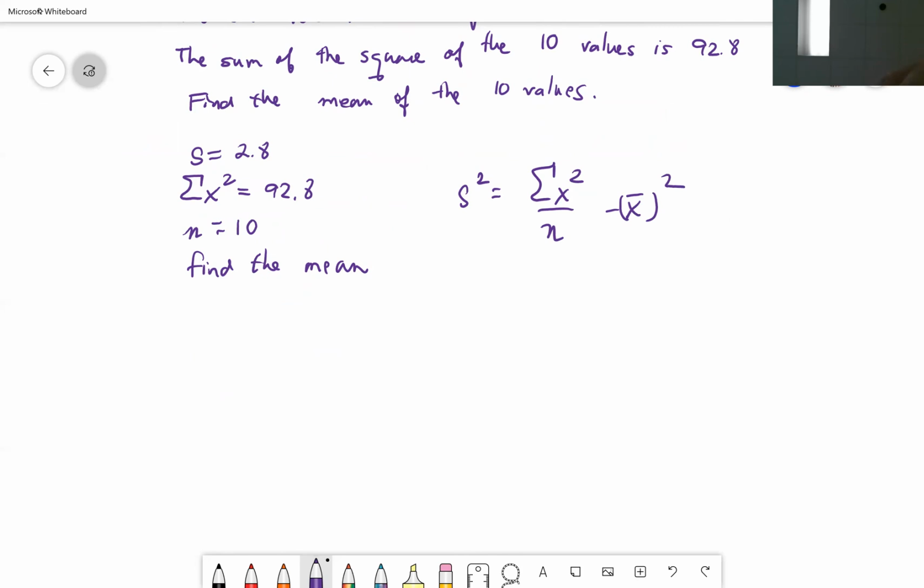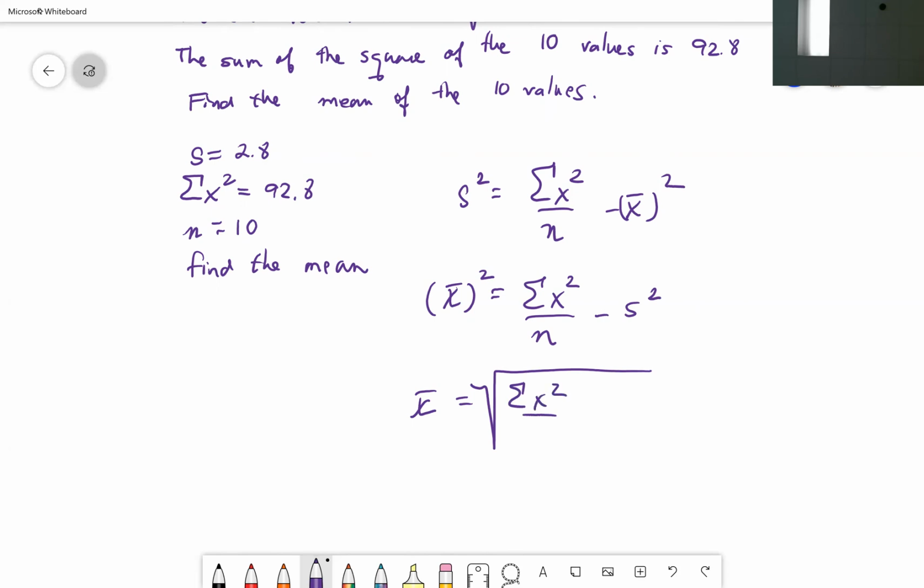If I rearrange, I would write X bar squared equals the sum of X squared over N minus S squared. Therefore, X bar must equal the square root of the sum of X squared divided by N minus S squared.